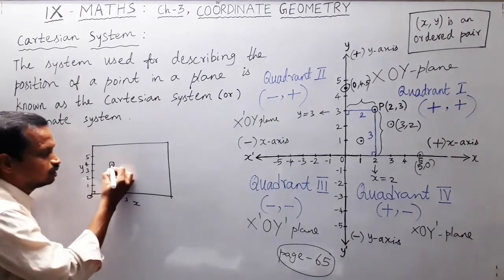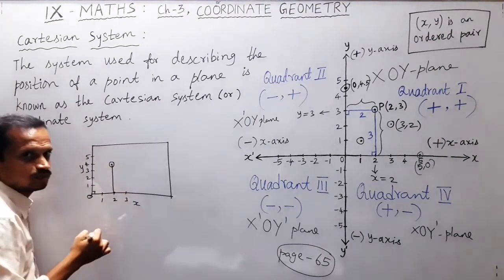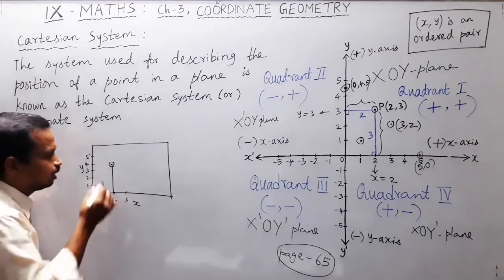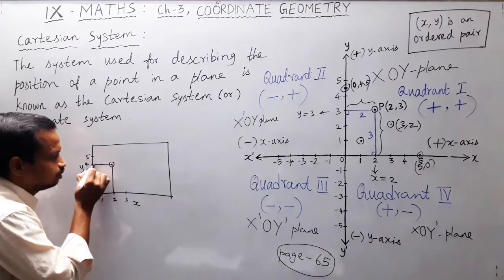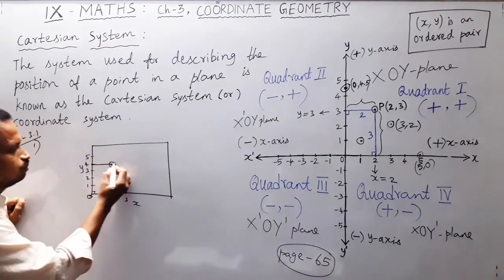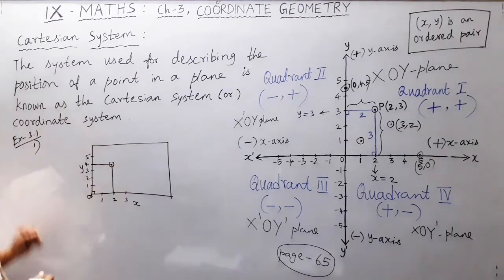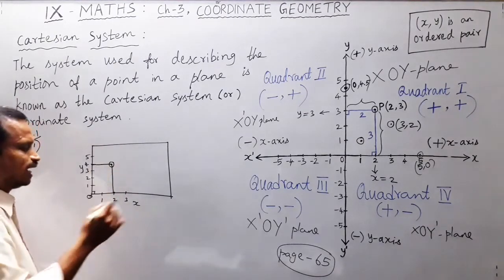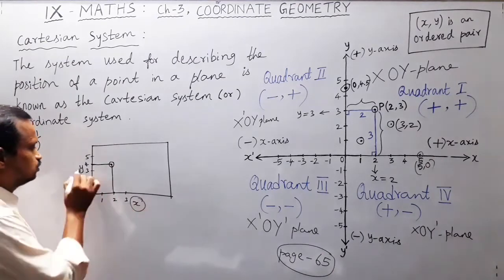This point I encircle. So that is the location of the table lamp. From that point you just draw the perpendiculars to both axes. This is the x axis and this is the y axis.